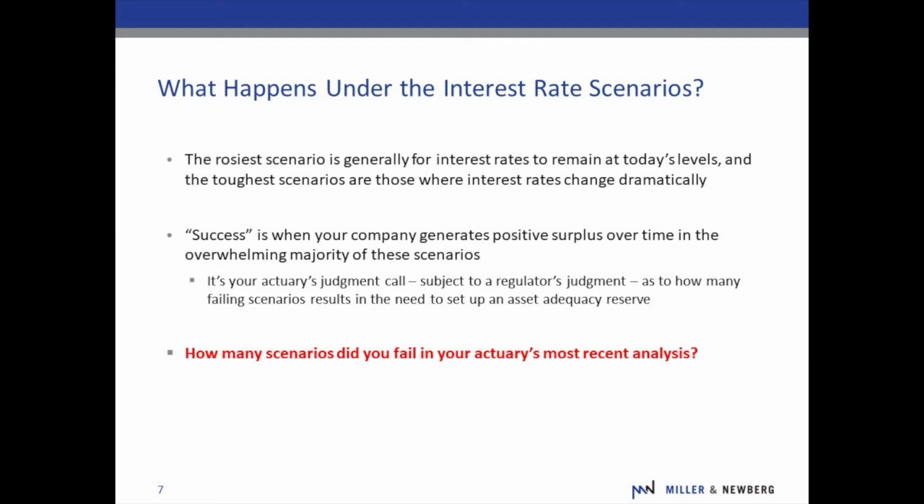And realistically, you can get into trouble at any point, right? It's not just, were you in trouble after 30 years? Well, were you in trouble after 1 year? Were you in trouble after 5? And you can find that answer in the report that your actuary has put together. Maybe your actuary hasn't put together a table that says that, but somewhere in there you can find it. And if not, ask your actuary to give you an additional table that says, all right, if we had stopped this after 1 year, how many scenarios would my company have failed?